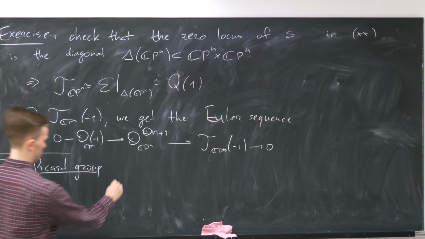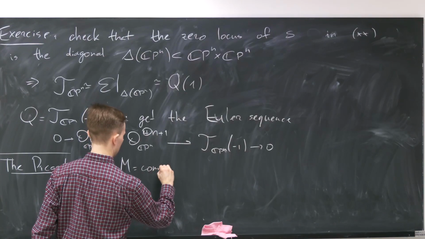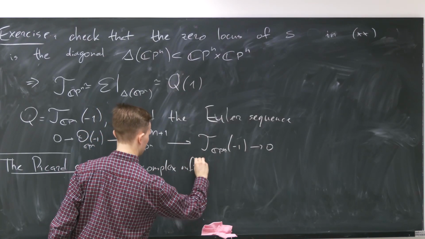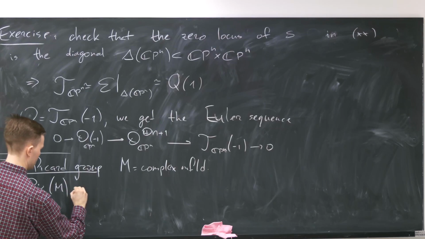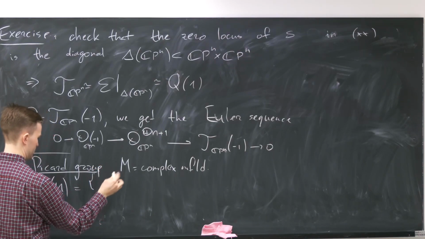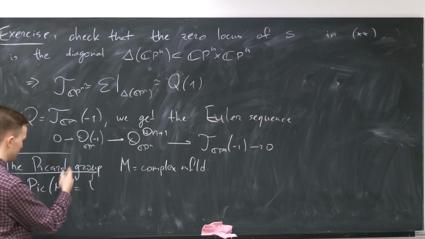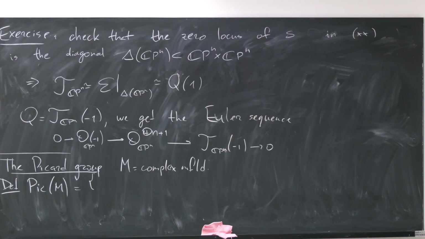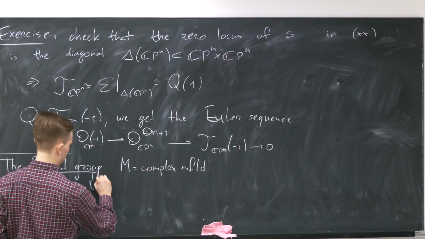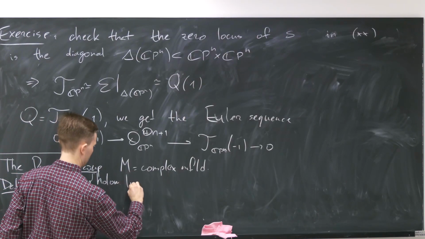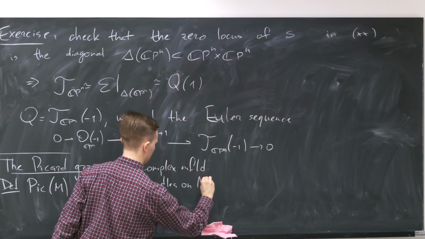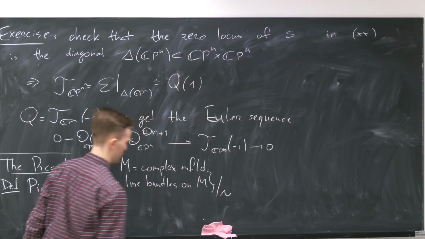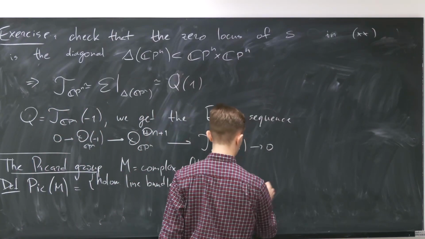So M is a complex manifold, and by definition the Picard group of M is the group of isomorphism classes of holomorphic line bundles on M, that is, holomorphic line bundles on M up to isomorphism.